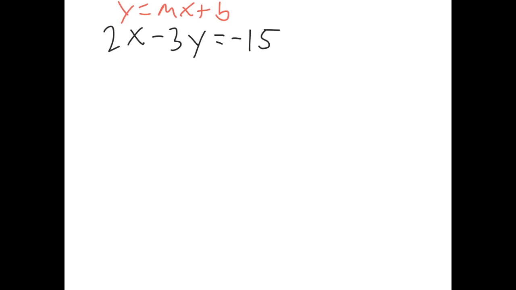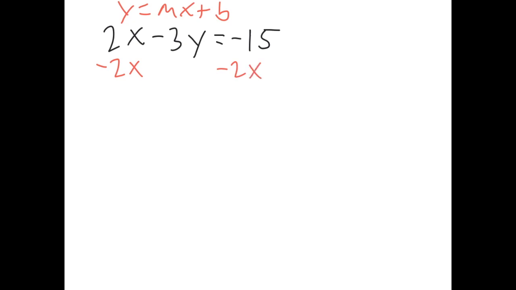So we look over here and we've got 2x. We need to get rid of that 2x. It's a positive 2x, so we need to subtract 2x from both sides. So minus 2x, minus 2x.